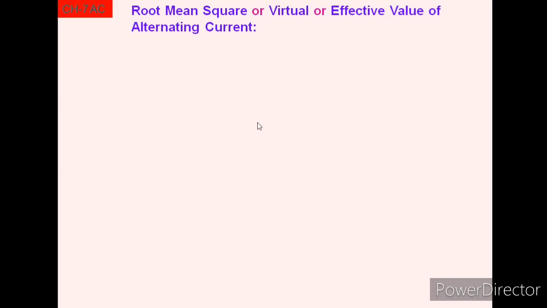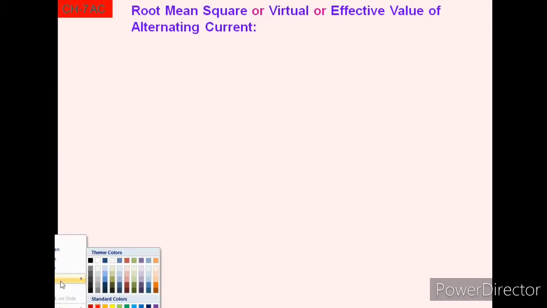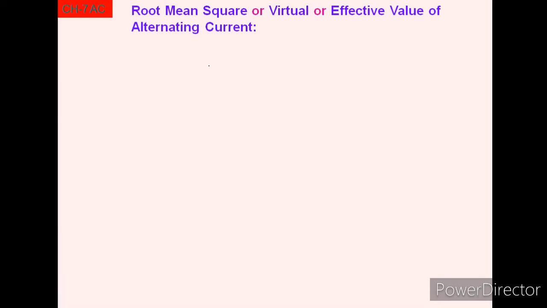First we will understand the meaning of root mean square value of alternating current. This root mean square value of alternating current is also known as virtual or effective value of alternating current. How can you define this?